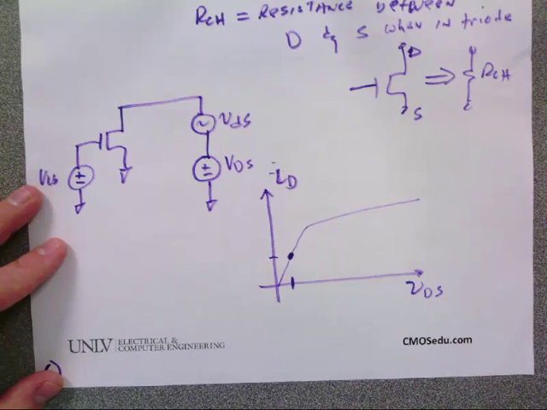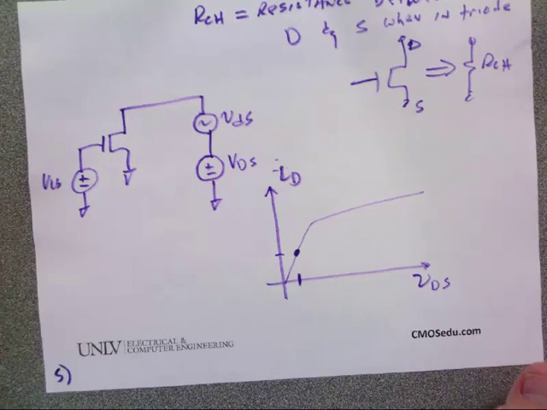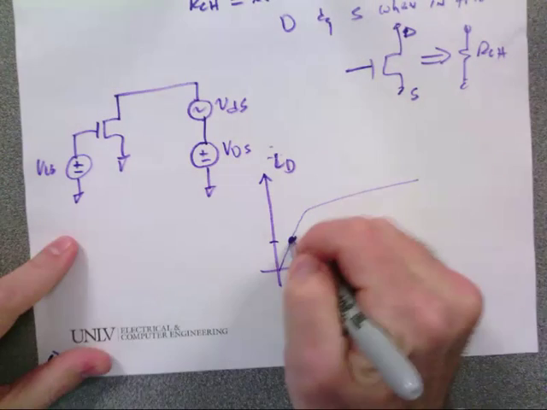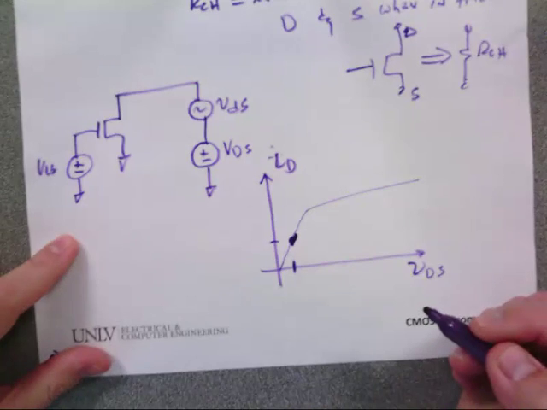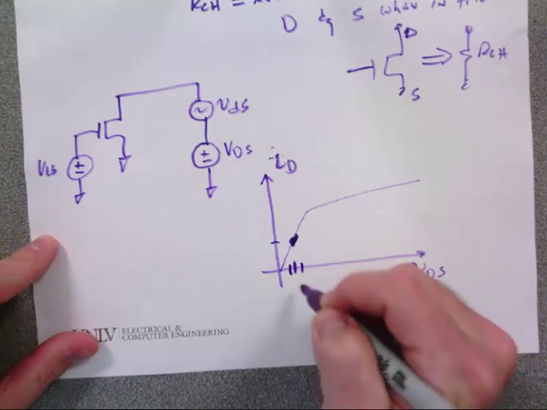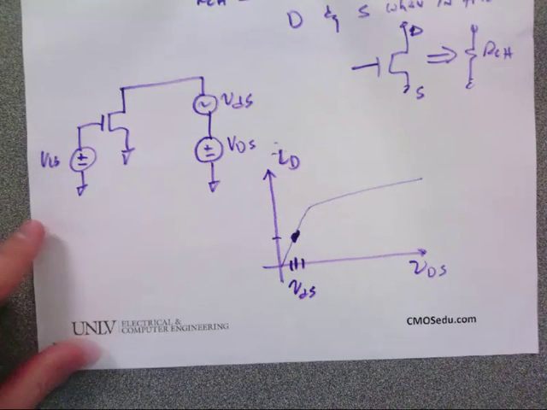When I turn the valve in the street back and forth, what happens? The water flowing in the valve is going to change, right? I'm in the street turning the valve left, right, a small amount compared to this. I'm going to change it a small amount back and forth on this curve. Does everybody follow? Okay, I'm going to call that little change VDS. That's my wiggling back and forth.